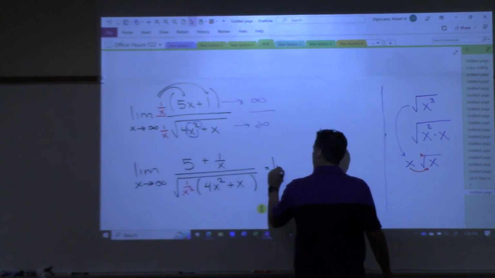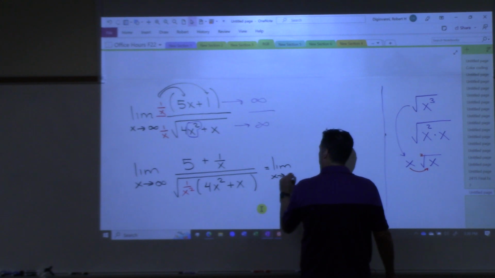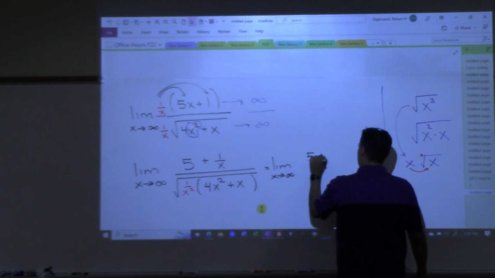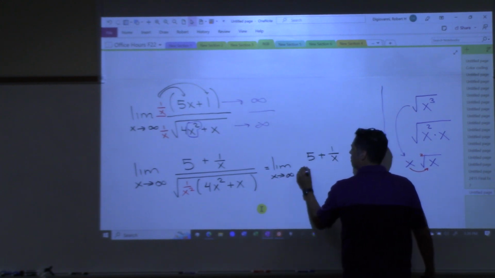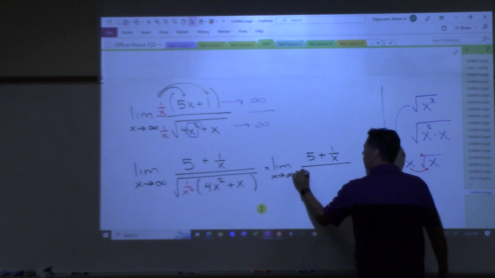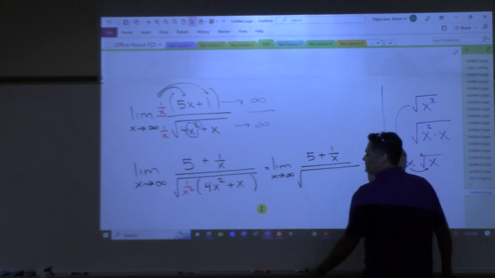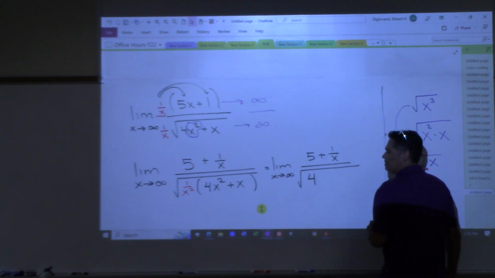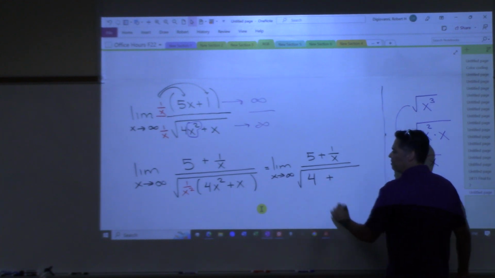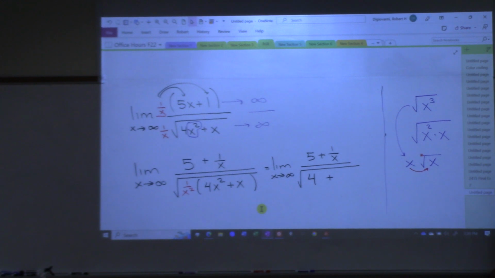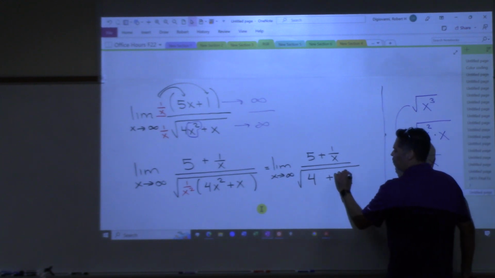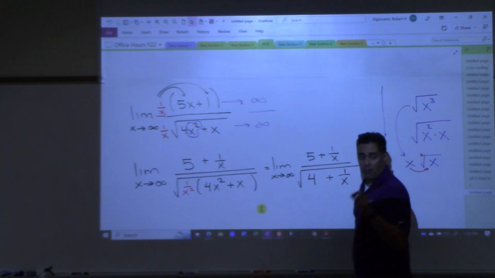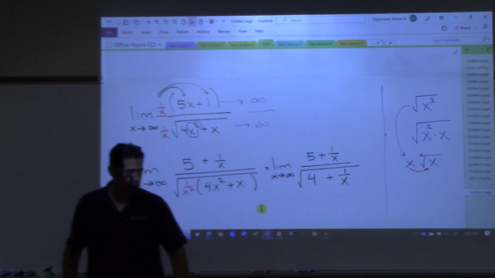Next line, limit as x goes to, I'm sorry, x goes to infinity. 5 plus 1 over x over the square root of 4x squared over x squared, which is just 4, right? And then plus x over x squared, which is just 1 over x.